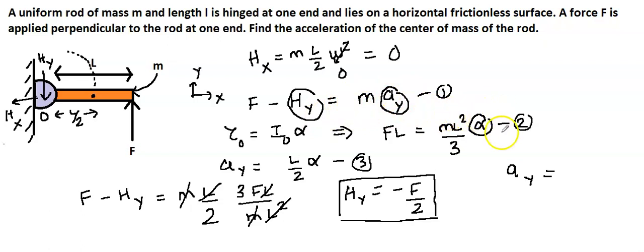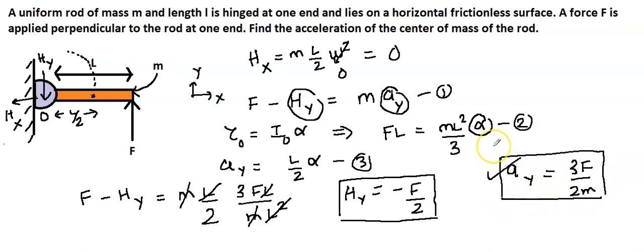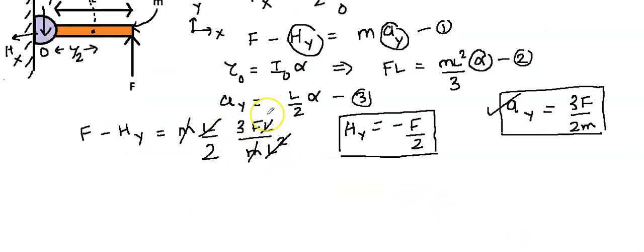F minus Hy is 3F by 2, so divided by m, ay is 3F by 2m. And it seems like this is our answer. Although something's not right, because Hy, well, let's actually draw the free body diagram, just to make sure we're doing it correctly.